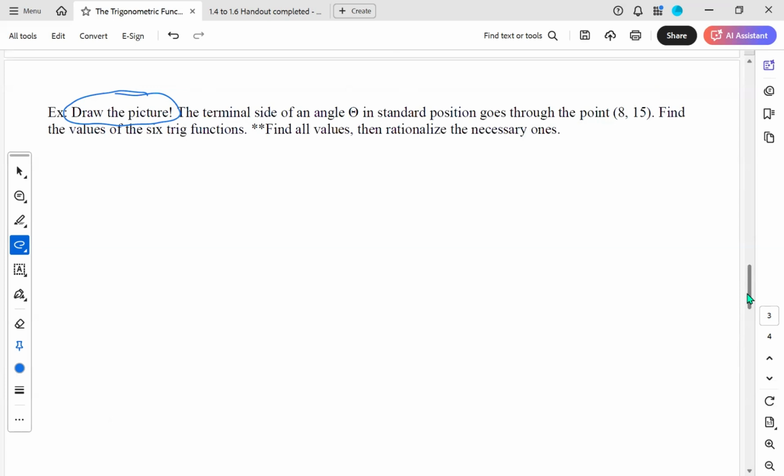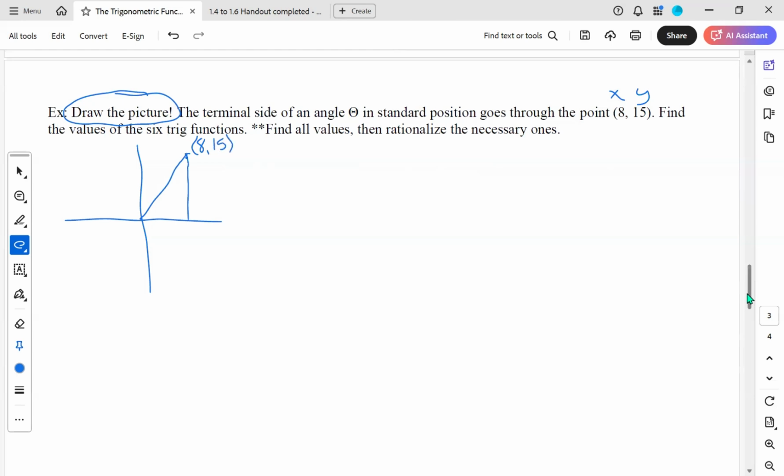The terminal side of an angle in standard position, we talked about standard position when we first were starting the trig class, goes through the point (8, 15). So this tells me that it is in quadrant 1 because x is positive and y is positive. So I'm going to have this point here being my (8, 15).